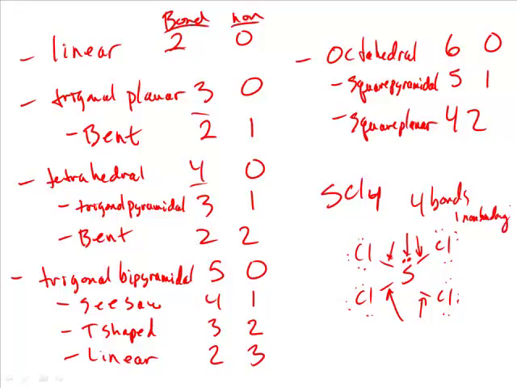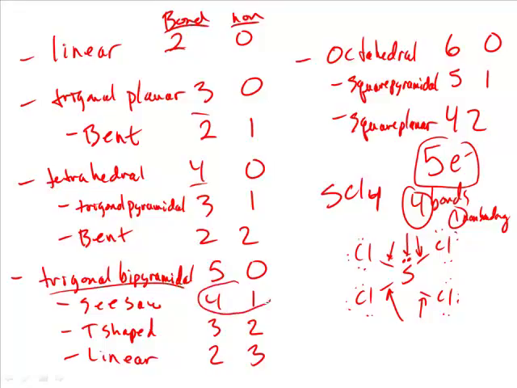So overall, if these were all bonds, you would have 4 plus 1. You would have 5 electron domains, which would be a trigonal bipyramidal. But if we take one of those domains off and make it a non-bonding domain, then you have a seesaw. So SCl4 is a seesaw shape.